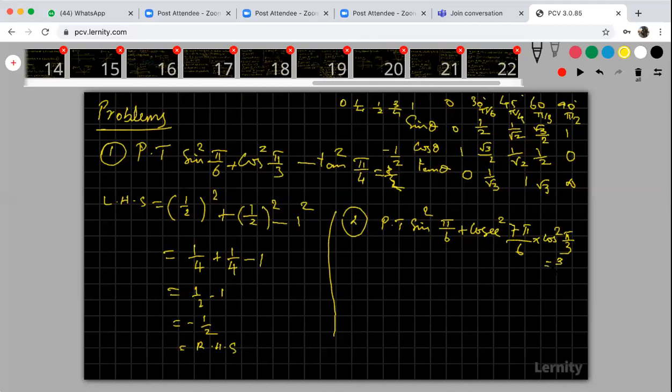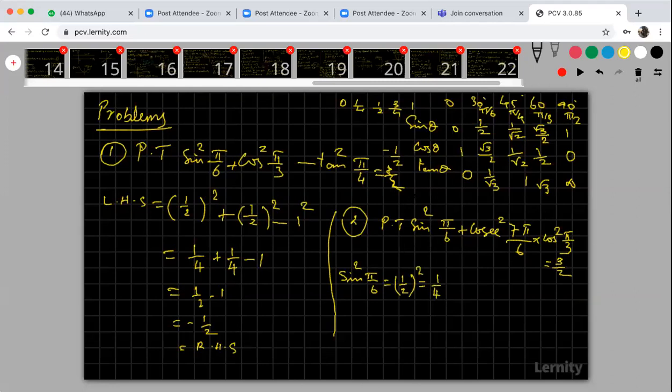We are going to prove this. What is your sine square pi by 6? This is your pi by 6, sine 30, that is 1 by 2, and the whole square is 1 by 4.